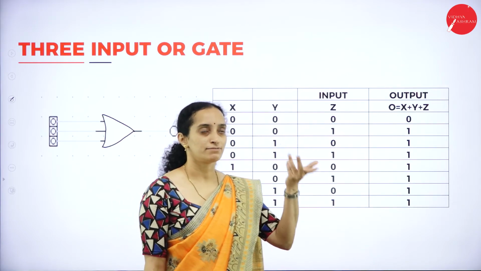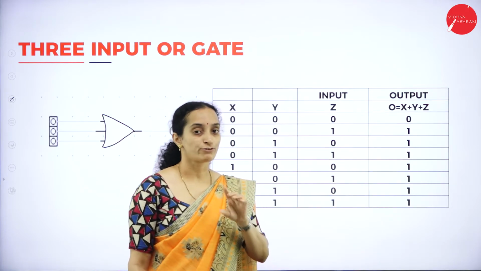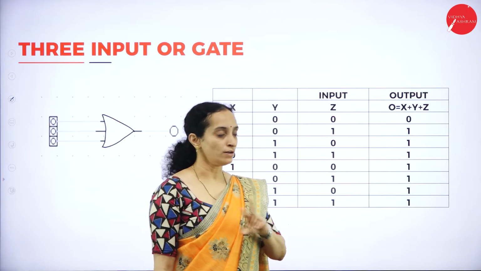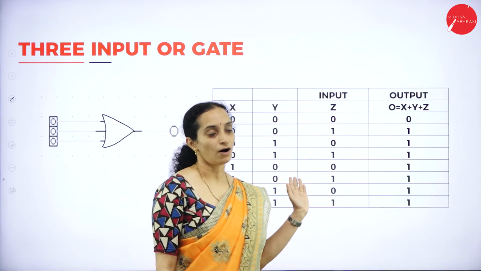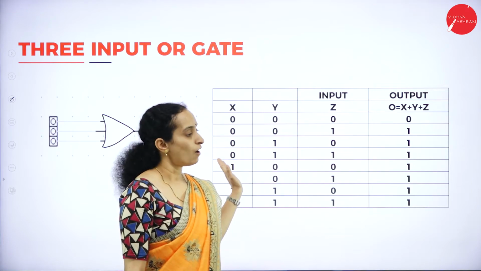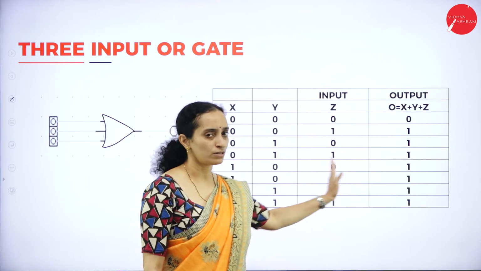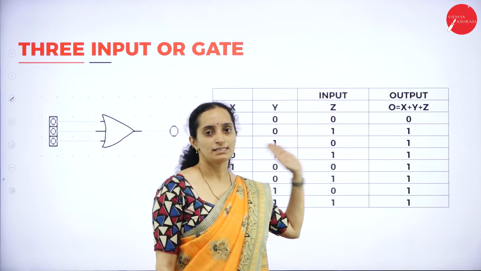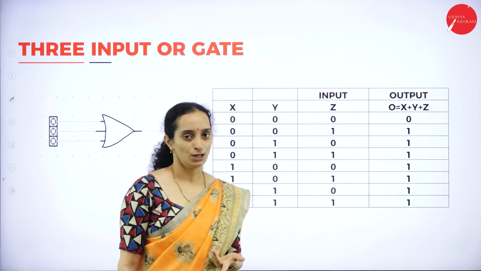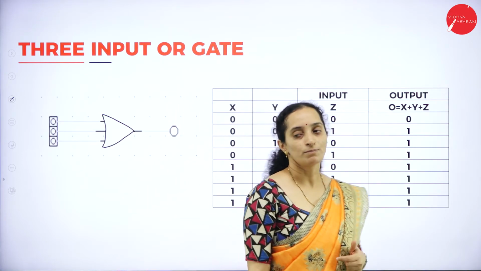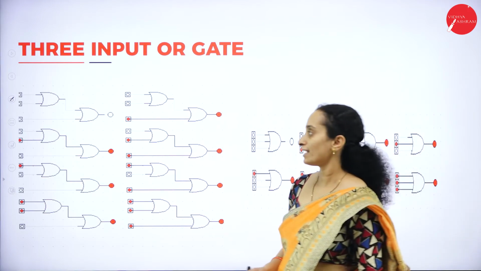The bulb you have fixed in the socket will glow if you switch on only one switch in all of these. Or if this, or if this, or if this. If one of these inputs becomes 1, the bulb will glow. Okay. The combination representation of 3 input OR gate is like this.